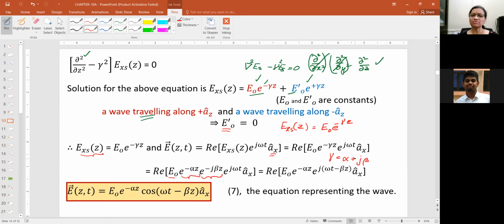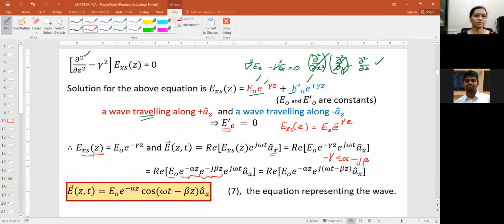Why this minus j beta z? It is coming because there is a minus here. So minus gamma will be minus alpha minus j beta.